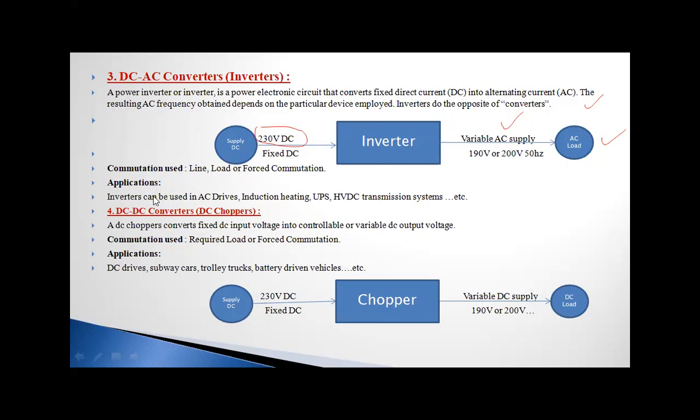Next, what are the applications of the inverters? Inverters can be used in AC drives, induction heating, UPS, and HVDC transmission systems.